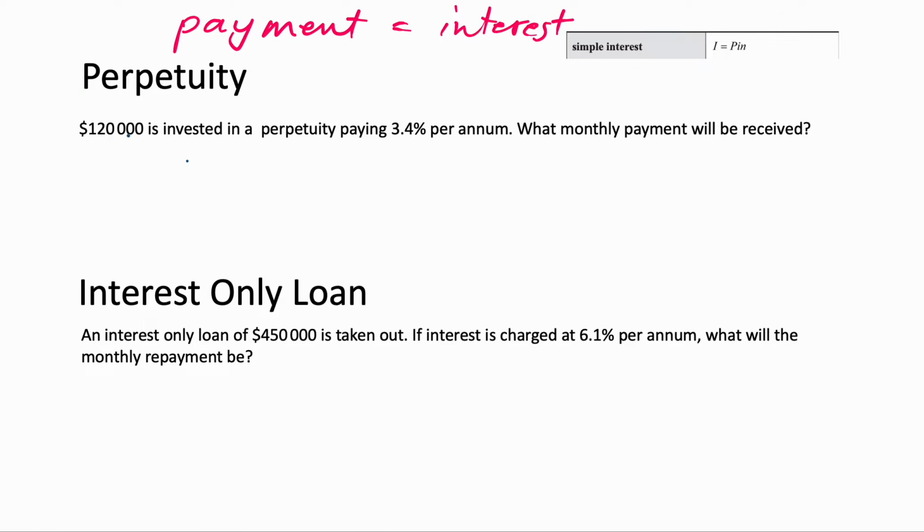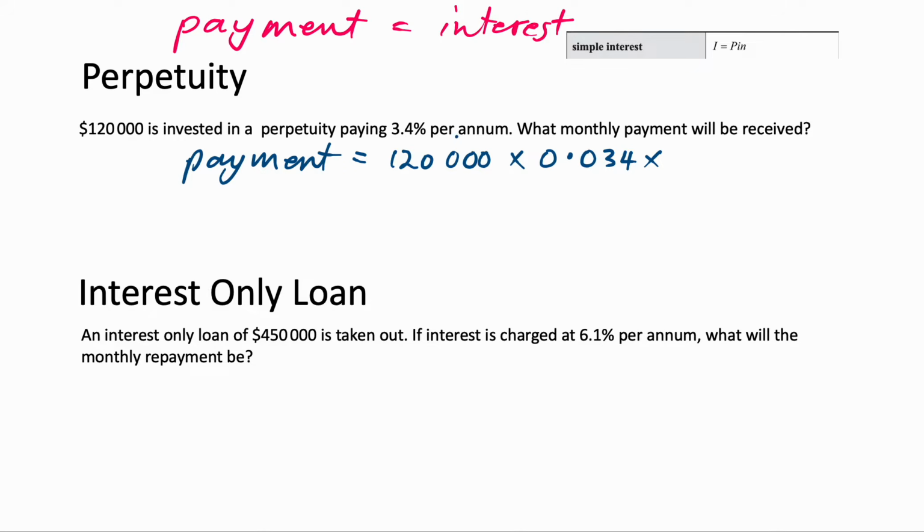So now if we want to work out here, we've got this investment of $120,000 invested at 3.4% per annum, what monthly payment will be received. All we have to do, we can use the simple interest formula, put $120,000 in as our principal, multiply by the interest rate, which once again we have to put as a decimal. Now our N, we've only got 1 month, 1 period that we're working it out.